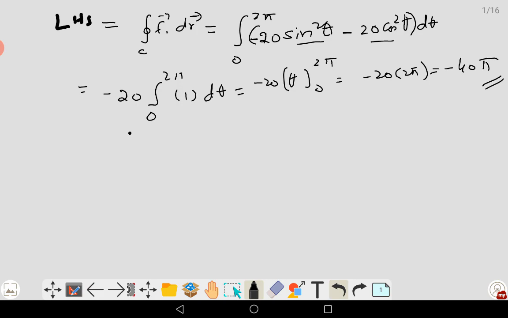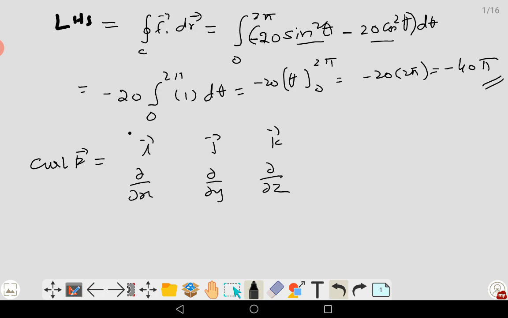For the right hand side, we want the curl. Remember this rule: on the right hand side, curl F vector. It is the determinant with i, j, k; dou by dou x, dou by dou y, dou by dou z; and the components of F: 5y, the coefficient of i, minus 5x, and 3k. Now find the curl.